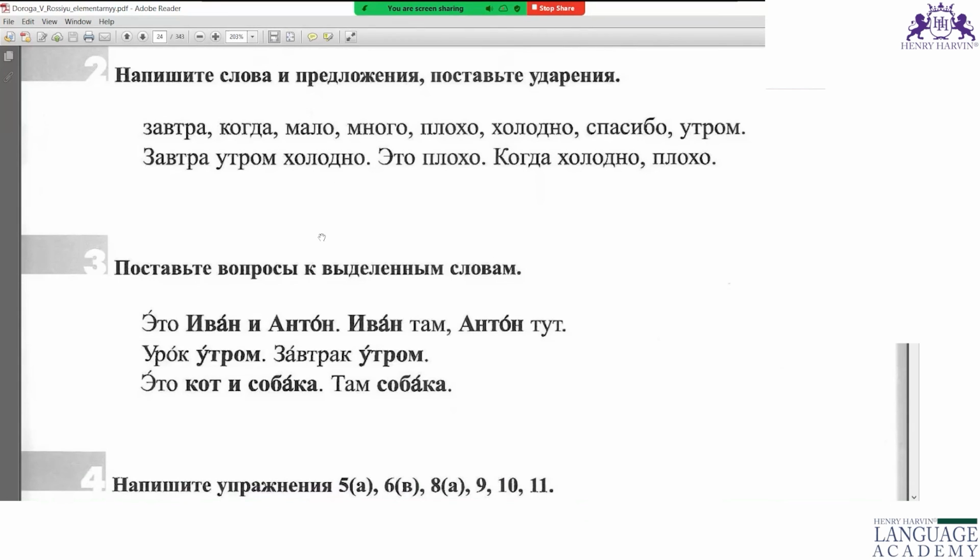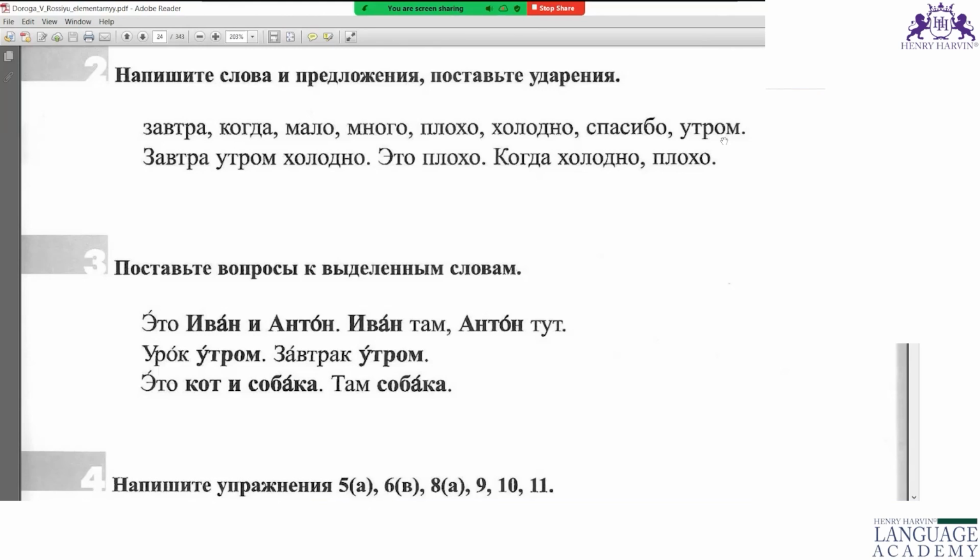Okay. Vishal, can you please read this part? Yes, ma'am. Завтра, когда, мало, много, плохо, холодно, спасибо, утром.